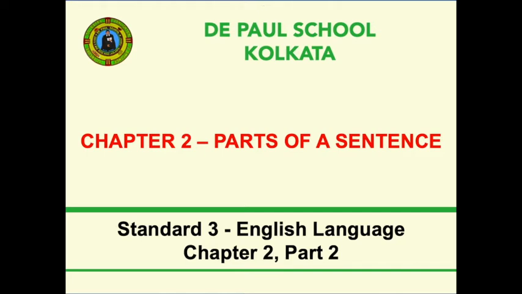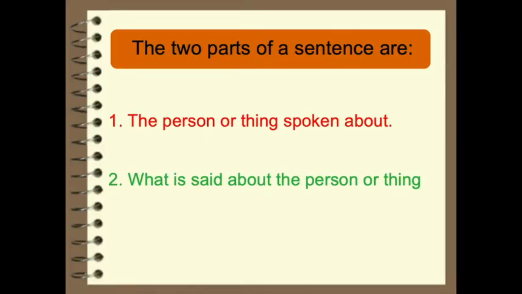Before we go ahead with the lesson, let us recall what we have learned in the last class. In the last class, we learned about the two parts of a sentence, which are: number 1, the person or thing spoken about; number 2, what is said about the person or thing. We have also learned the names of those two parts.